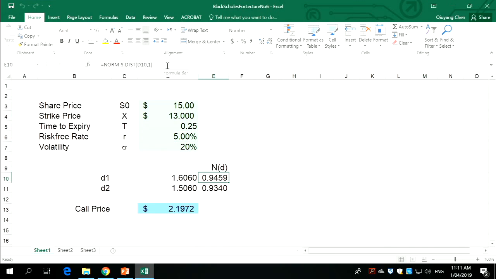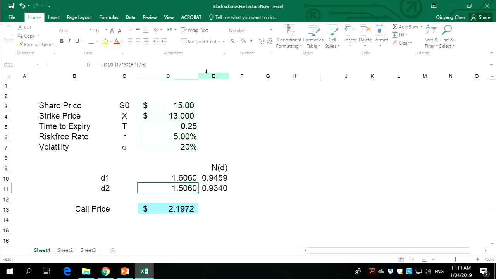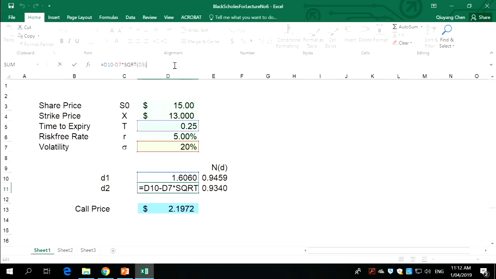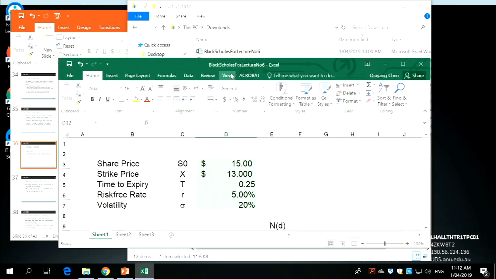That is the N(d1), and that is your N(d2). That's your d1 formula. That's nothing, just me typing the Black-Scholes equation into the spreadsheet, and that's your d2 formula. All right, so I have the Black-Scholes option pricing equation typed in the spreadsheet.